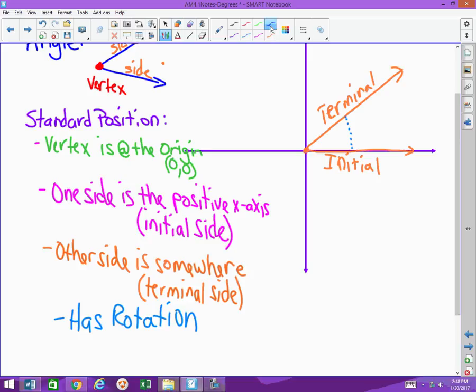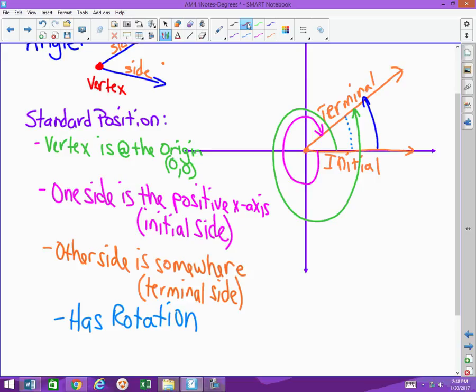So we could be talking about this angle from there to there, but we also could be talking about this angle that goes from here all the way to there. Or we could be talking about the angle that starts here and goes all the way around and then stops there. Still has the same initial and terminal side.